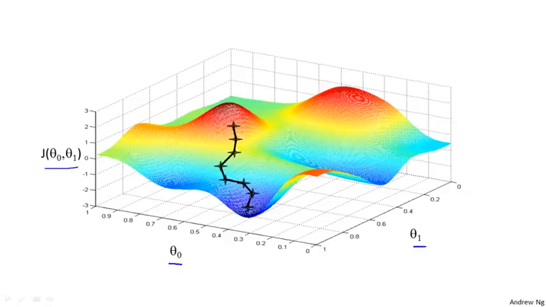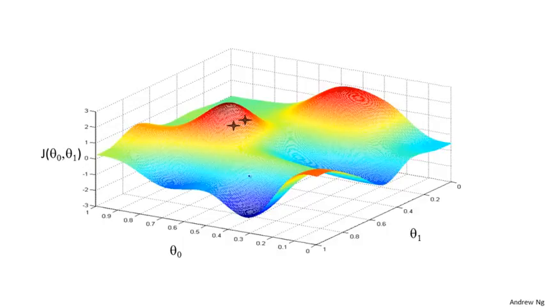Gradient descent has an interesting property. The first time we ran gradient descent, we were starting at this point over here. Now imagine we had initialized gradient descent just a couple steps to the right, with that point on the upper right.